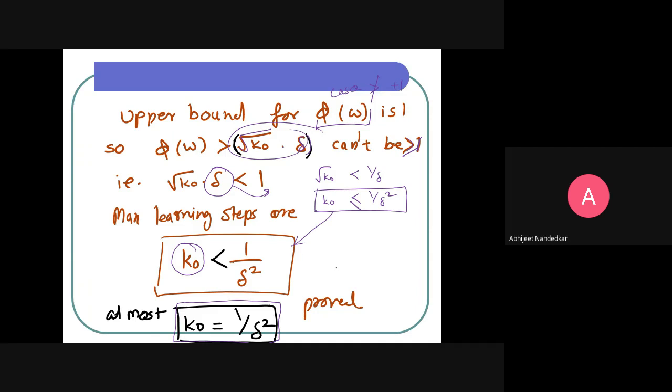Since delta is a small number in the range 0 to 1, we know that this will never be infinity.